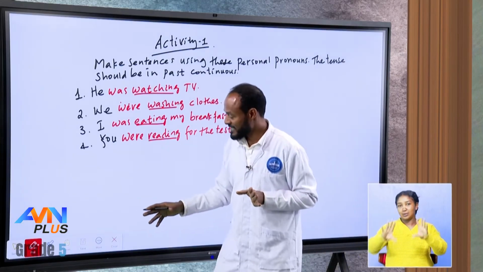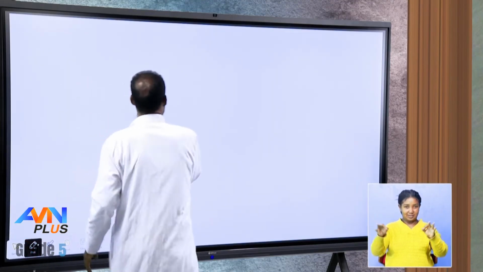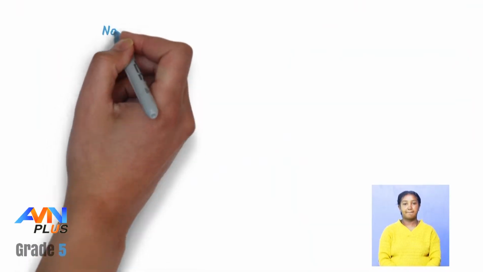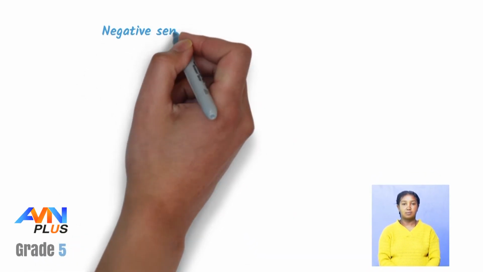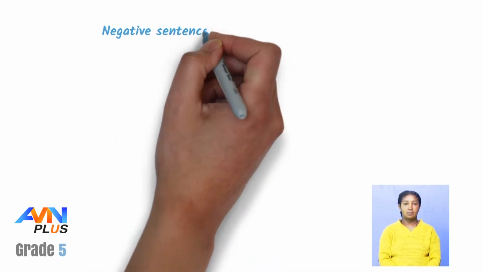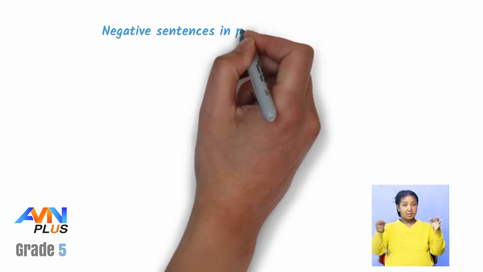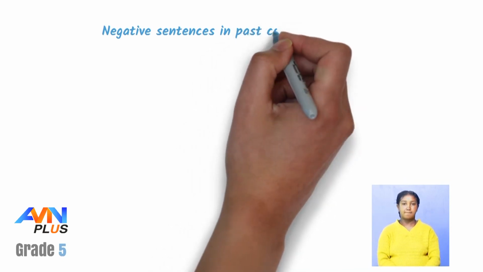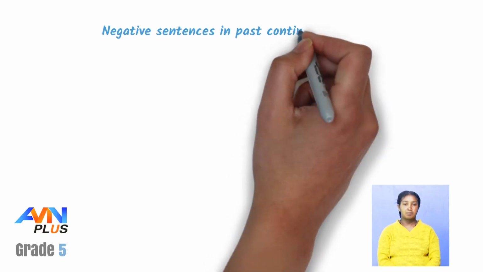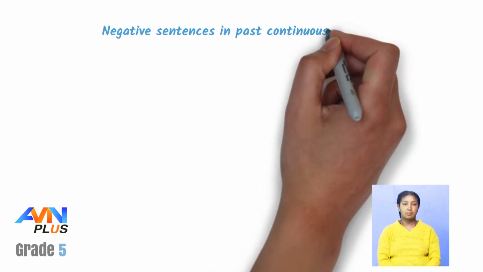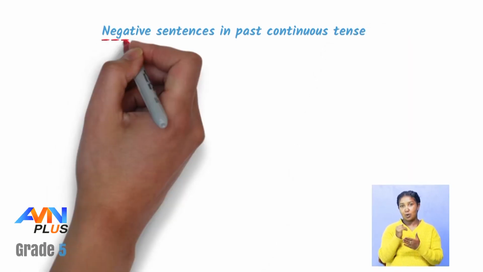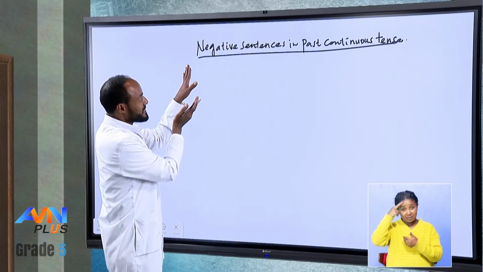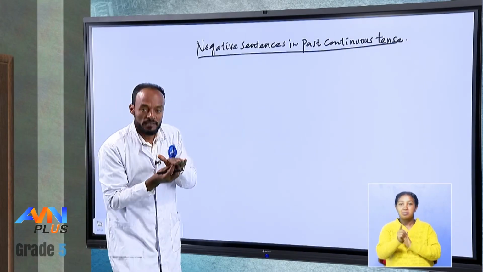Nice, students. Now it is time to talk about negative sentences in past continuous tense. Look, this one is very simple because when we say negative, we mean not, okay?